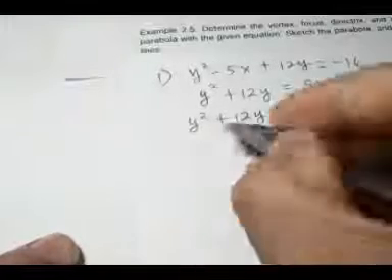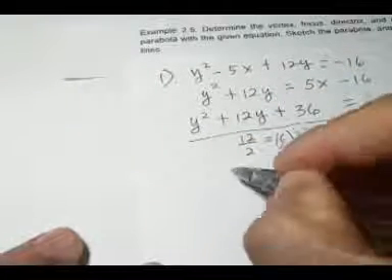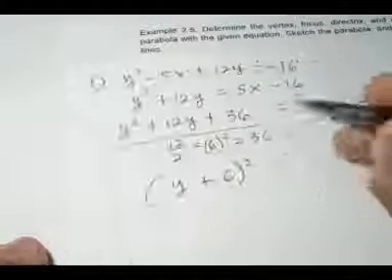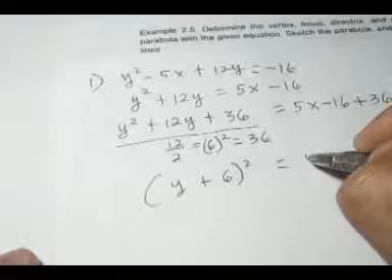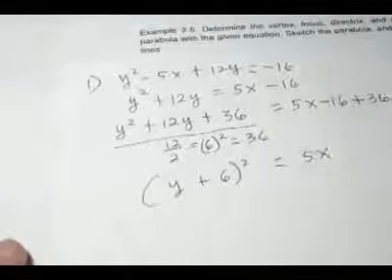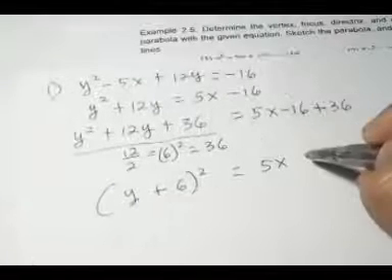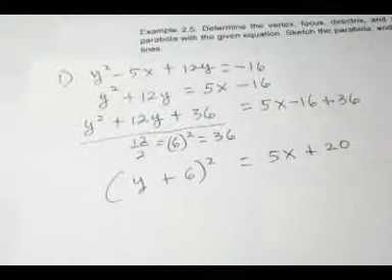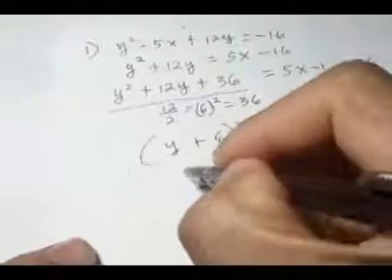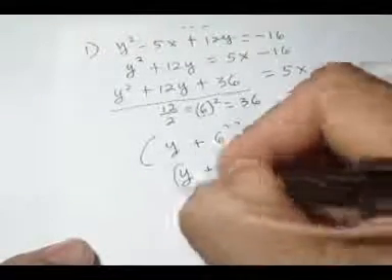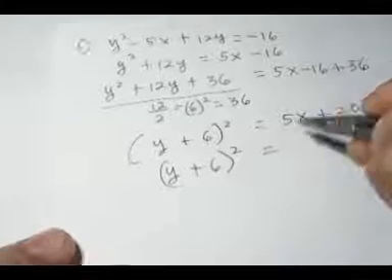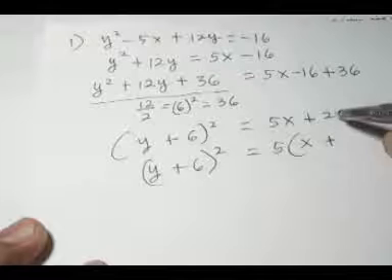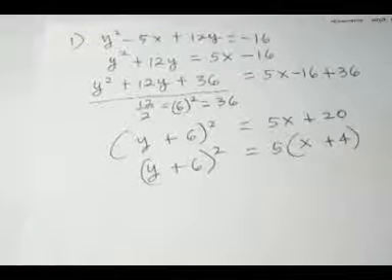Okay, so the left side becomes a perfect square, y plus 6 square. On the right side, simplify 5x, and negative 16 plus 36 is positive 20. Simplify further: (y plus 6) square equals, remove 5 outside, so this is 5 times (x plus 4), since 20 divided by 5 is 4.